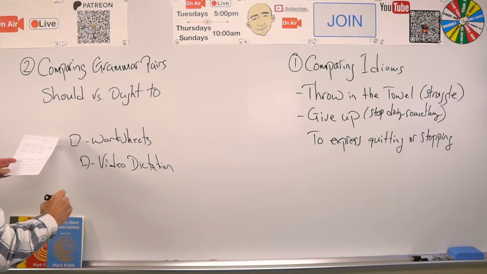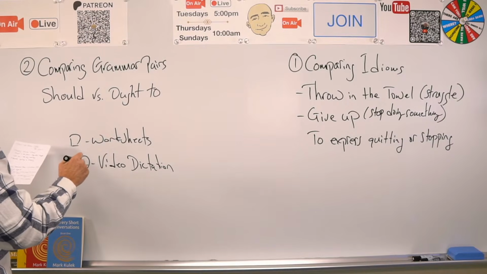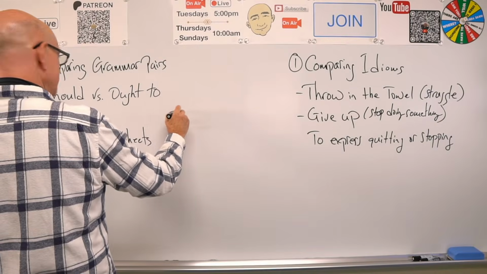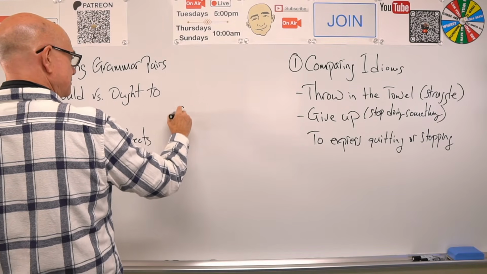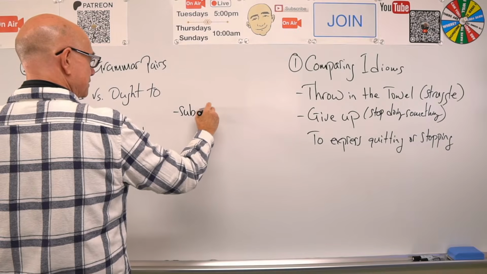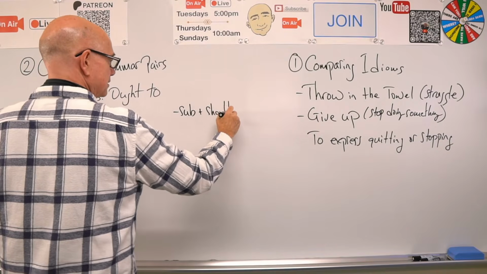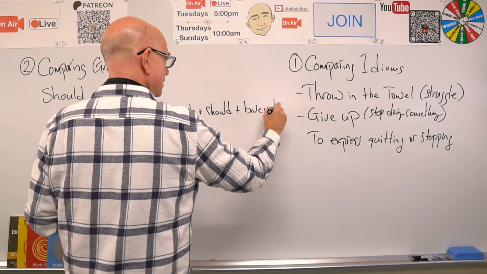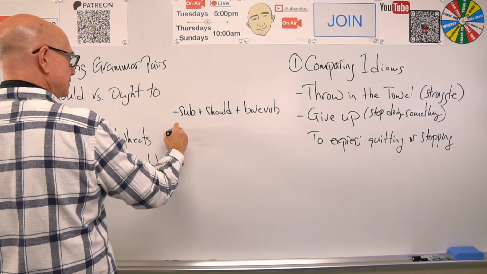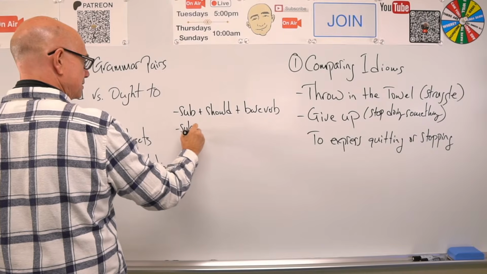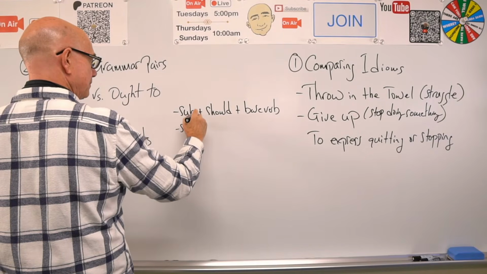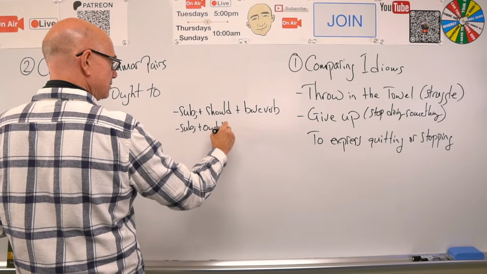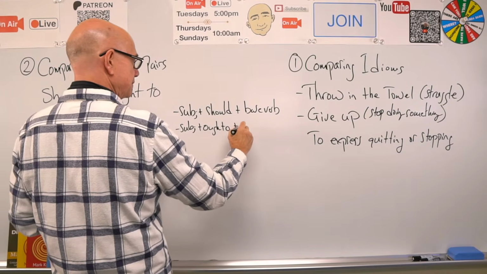Okay, and let's see, we need to point out the pattern. We'll do that right here. So should is subject plus should plus base verb. And then ought to is the same structure: subject plus ought to plus base verb.